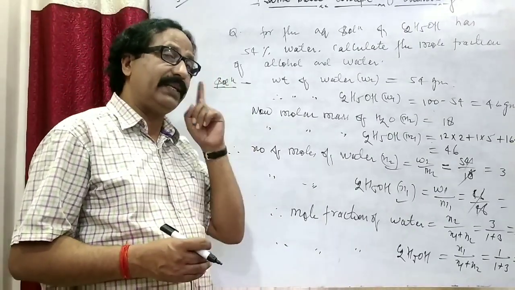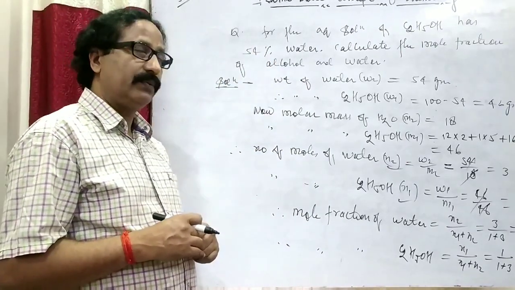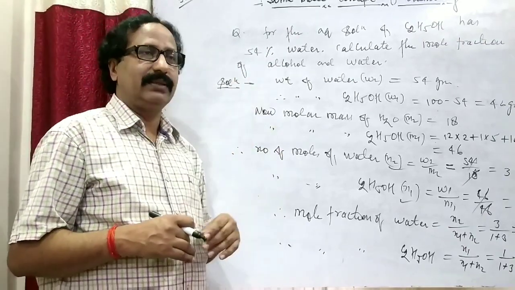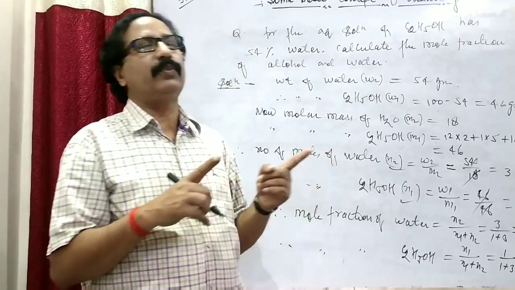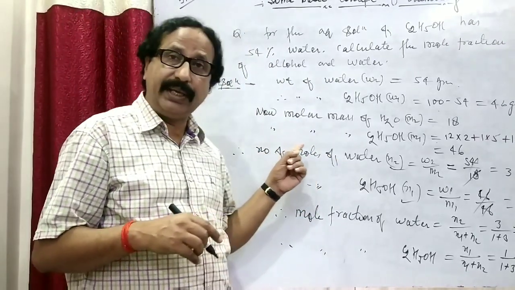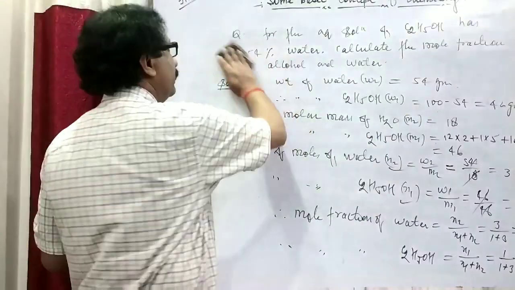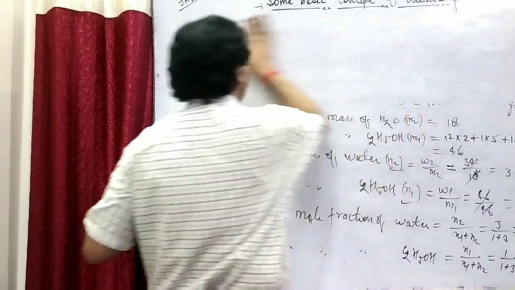One thing that is very, very important related to the mole fraction. What is that thing? For any solution, the sum of the mole fraction of solute as well as the mole fraction of solvent must be equal to 1. It is very important. For any solution, you should remember this formula forever.